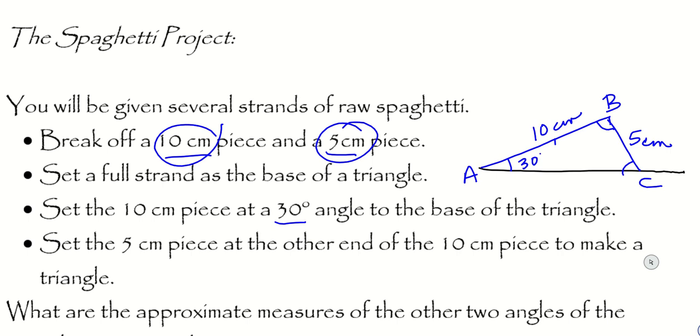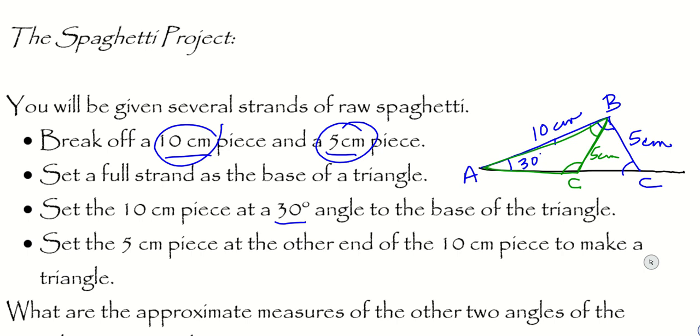But that's not the only place I can put that 5 centimeter piece. If I take this 5 centimeter piece and I swing it this way, then I've got this triangle where this is side C, and in this case angle B is smaller than it was for my blue triangle, angle C is bigger than it was for my blue triangle, but this side is still 5 centimeters.